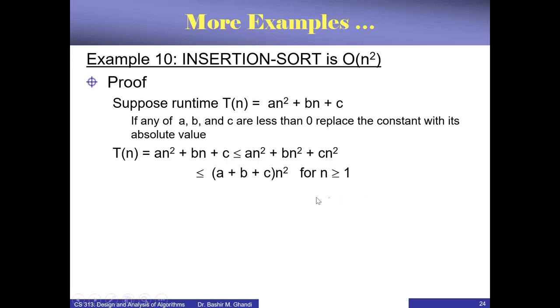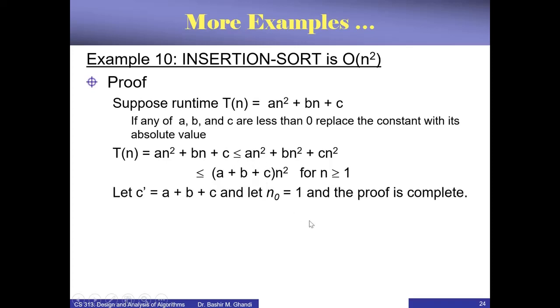And clearly, we can factor out the n squared, so we are left with just the coefficients, which will add to one constant. So if you let that constant c prime be equal to a plus b plus c, and we let n naught be equal to 1, then our proof is complete. So clearly, insertion sort is big O of n squared.